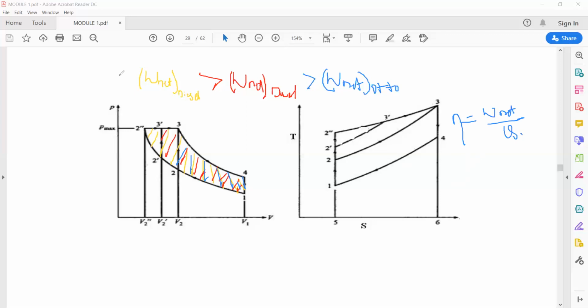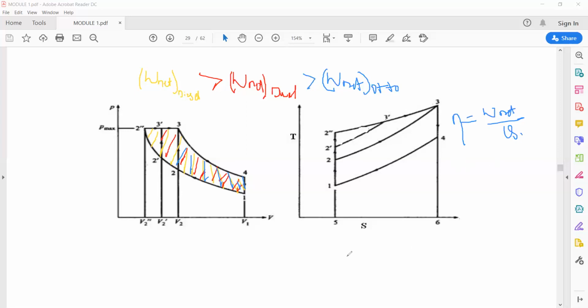So therefore under this condition, for the maximum pressure, because if you consider 2 double dash, 3 dash and 3, they are existing on the same horizontal line. So I can say P2 double dash equals P3 dash equals P3. The pressure on this line is the same. So therefore, the maximum pressure is same for all the cycles.